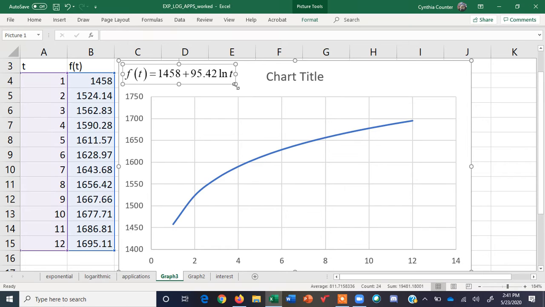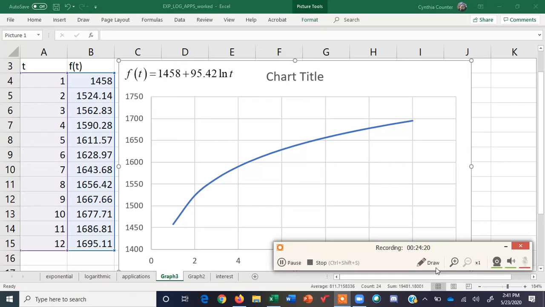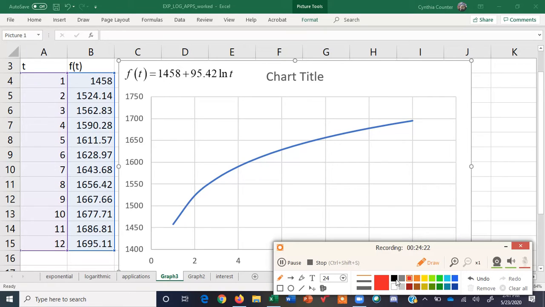At t equals 0, it's 1458. So not 0, 1. So right here is where t equals 1. And so this point over here is the 1458.